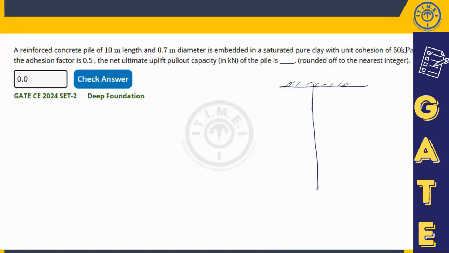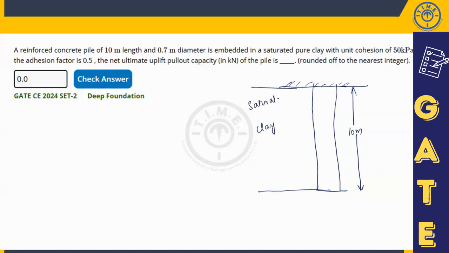The pile length is 10 meter below the ground level, my dear students, in a saturated pure clay, all this layer is saturated pure clay, with cohesion 50 kilonewton per meter square. Adhesion factor 0.5. In clay we have the adhesion factor.